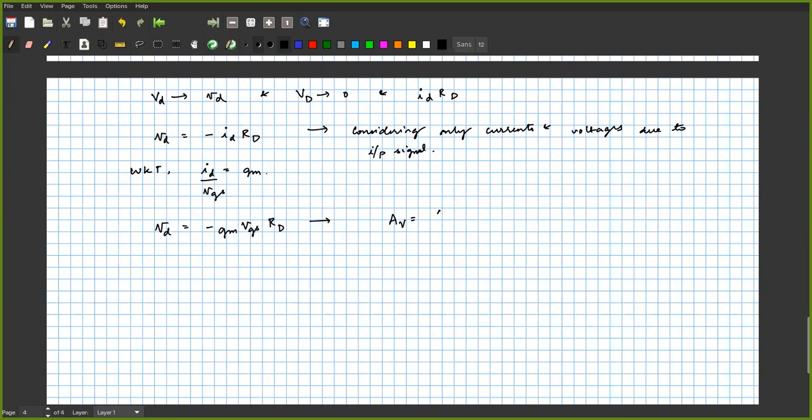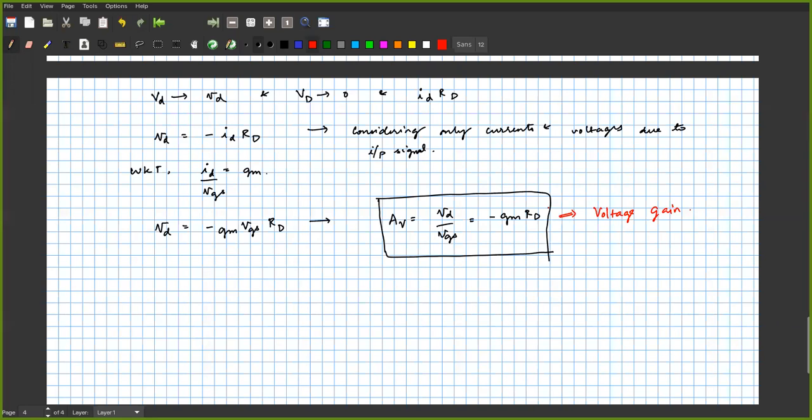Voltage gain is equal to vd by vgs is equal to minus GM into RD. So this is actually the voltage gain, and the minus indicates that this is an inverting amplifier.